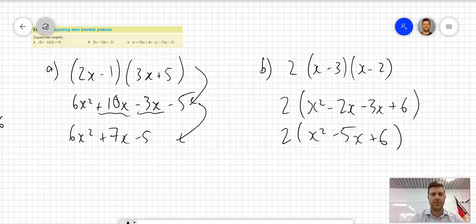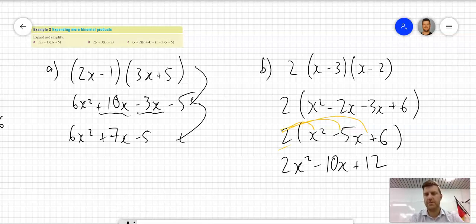Now I'm going to use the distributive law to multiply the term in front by each term inside. So 2 times x squared, 2x squared, 2 times minus 5x is minus 10x, and 2 times positive 6 is positive 12.